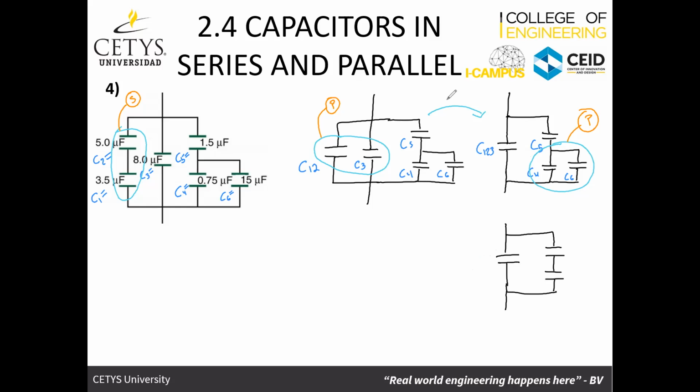And so this would still be C1, 2, 3. I'm getting out of breath. And this would be C4, 6. Now C4, these two here, that's 6. These two here would be in series.